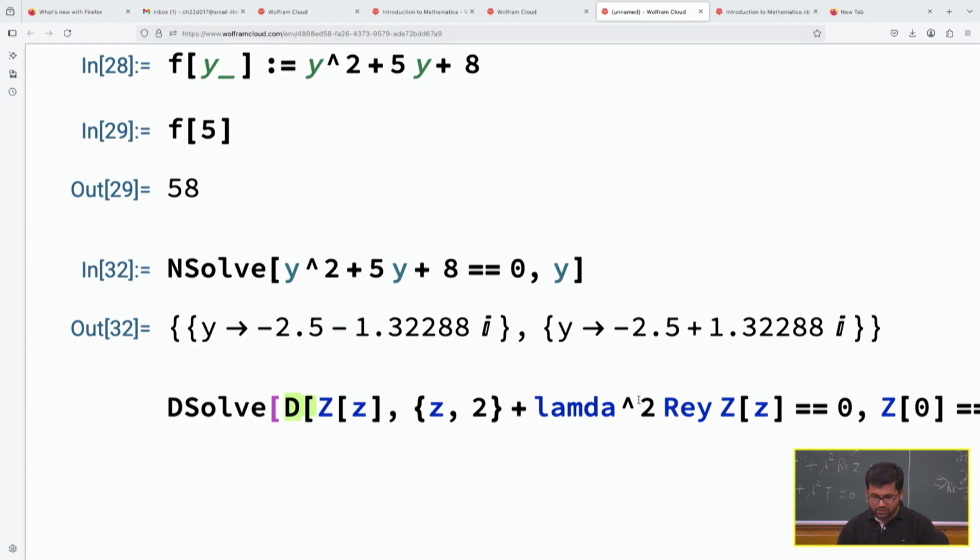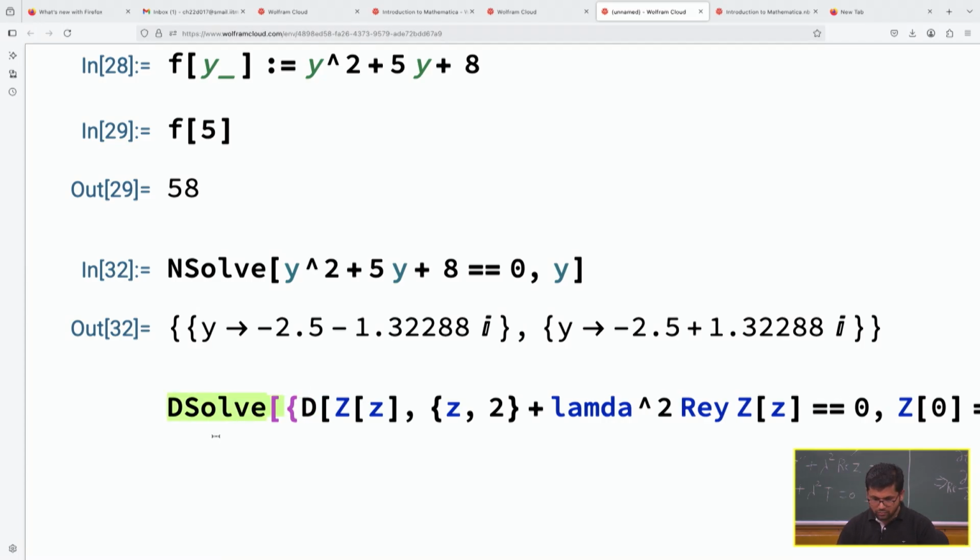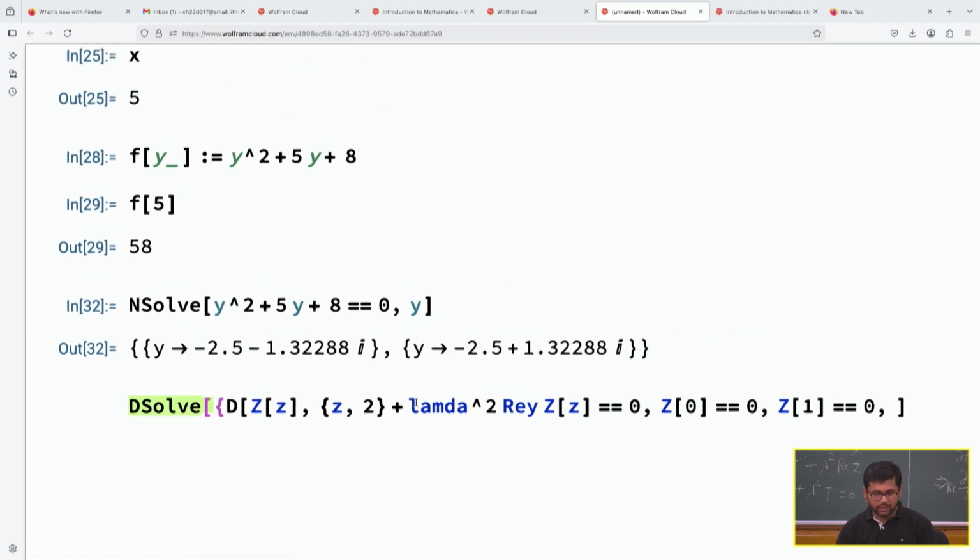So, these are the equations which we have: Z double dash plus lambda square Re times Z equal to 0, and these are the boundary conditions we have to solve this differential equation with.